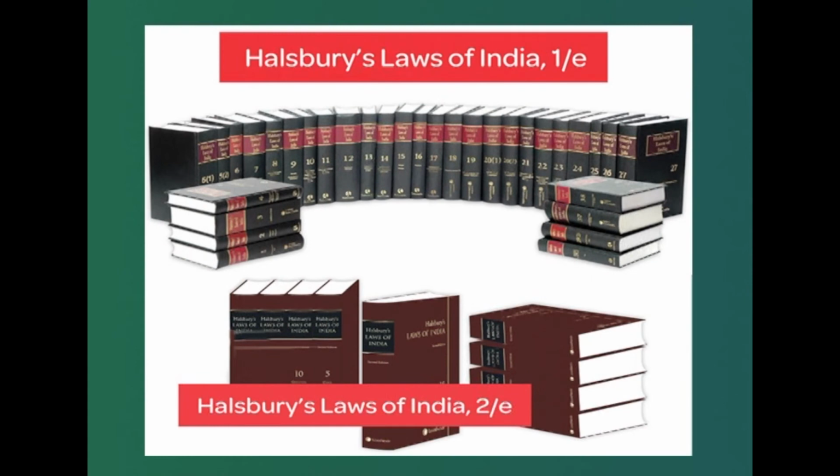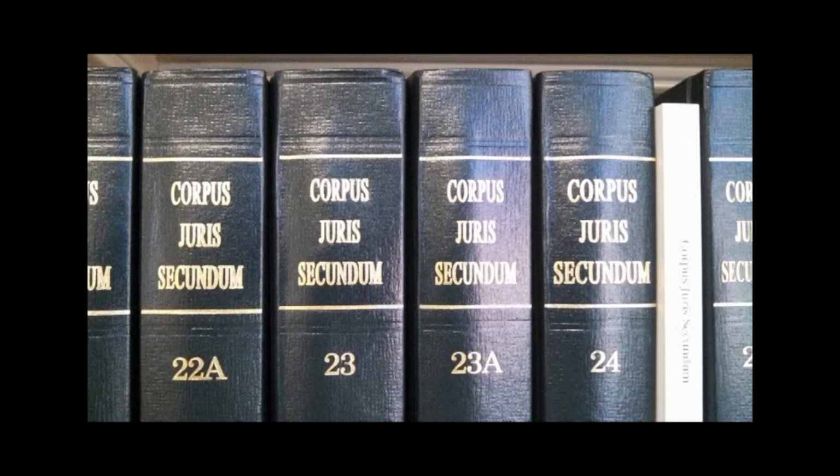Apart from this, we have Halsbury's Laws of England, again which is a very rich source of the laws relating to England. And we also have a series called Halsbury's Laws of India, Corpus Juris Secundum.